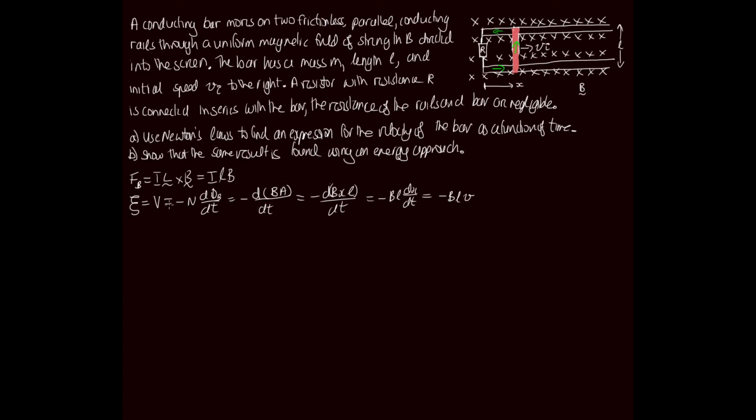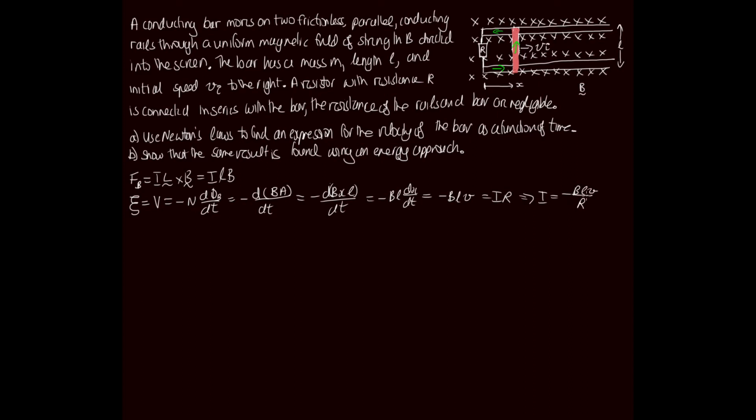Now we can use this to find the current, because this is just the voltage, and according to Ohm's law, the voltage is equal to IR, and so the current I is going to be equal to minus BLv over R.